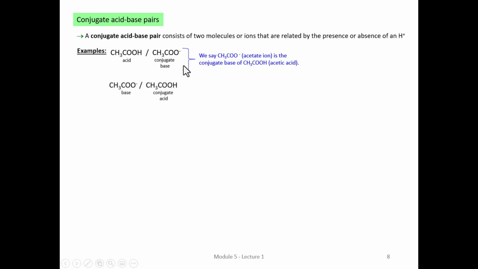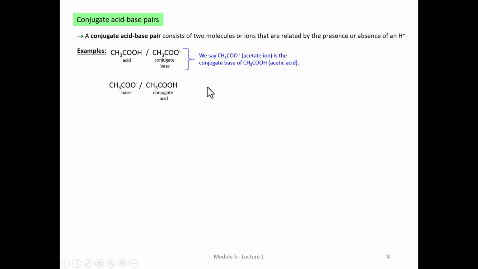How about if we wrote this ratio in reverse? So I'm going to put the acetate ion on the left and the acetic acid on the right. Now, we've identified acetate as something that can act as a base. So if we identify it as a base, its conjugate acid would be acetic acid. Again, these are conjugate acid-base pairs because they are related by the presence or absence of an H plus ion.